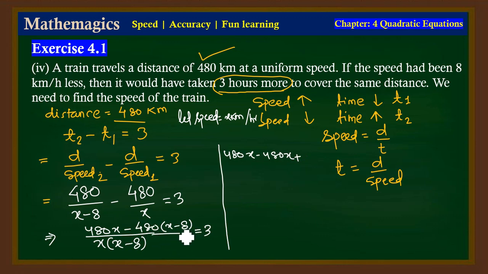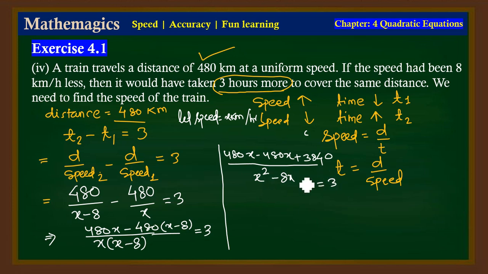So let us just multiply it. 8 zeros are 0, 8 8s are 64, then 8 4s are 32. 32 plus 6 becomes 38. So this is the multiplication, whole divided by x into x minus 8. That becomes, we have to multiply, that is x into x becomes x square minus x into 8 becomes 8x, and the answer is equal to 3.